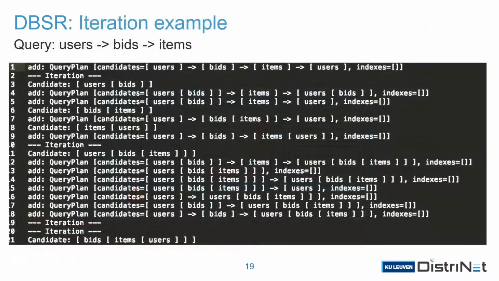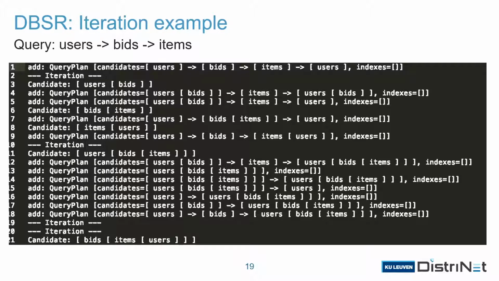This is an example of the runtime process in the generator. So at the top we see the query plan that joins users with its bids and the items which the bids were made on, and as well the person who was selling that product or that item.